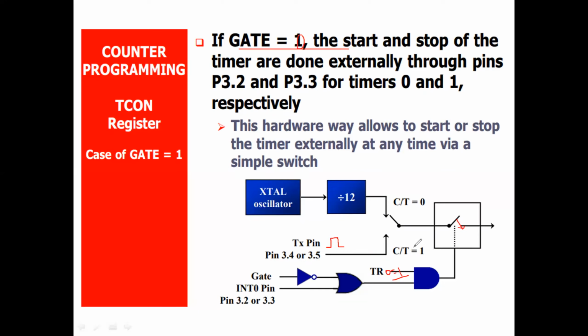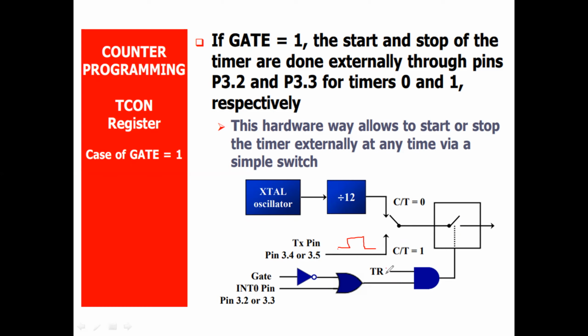If it is the counter option, the switch will be here, and whatever pulses we obtain will be automatically counted. There are two ways we can count the pulses, or the frequency given as input to your timer.